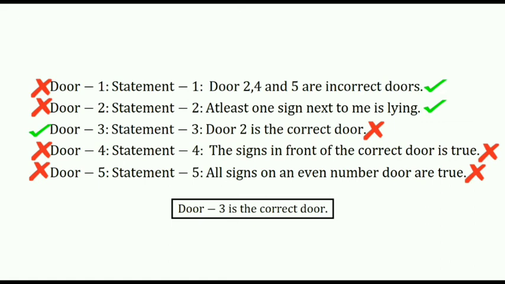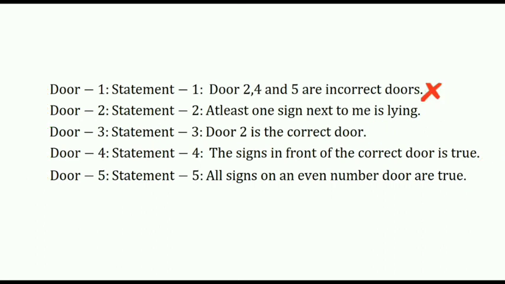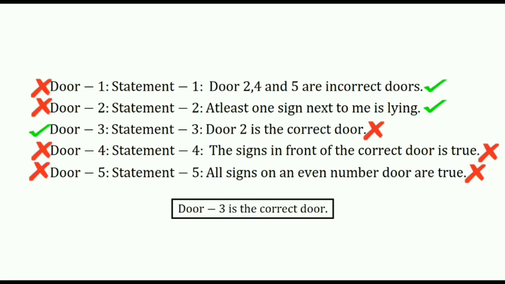Because in these types of questions, first we have to assume any statement as true or false, and then we have to check this assumption using our remaining statements. So once we make statement 1 false, somehow by using statements 2, 3, 4, 5 we will find that making statement 1 false was a wrong decision. So that is our correct final answer, which is door 3.